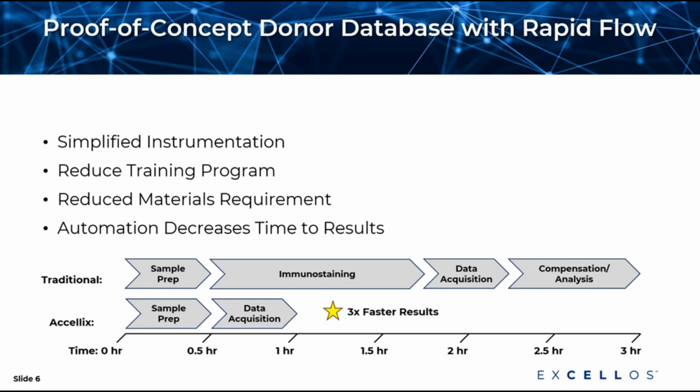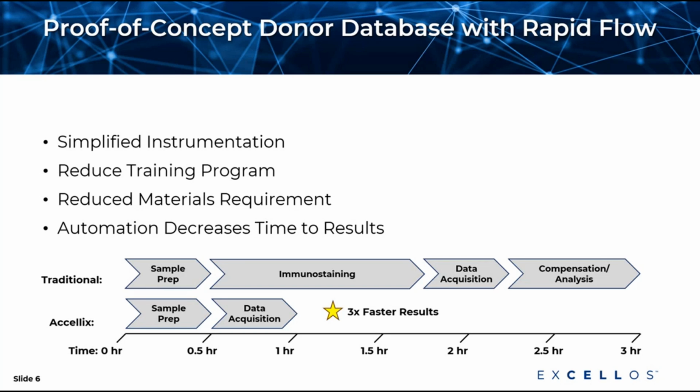And lastly, that time to results is something that's really important to understand here. With traditional flow, performing all of the immunostaining, performing the data acquisition, and ultimately doing any type of compensation analysis offline on the different software provided does take about 3 hours, we imagine, in a controlled workflow with a trained operator or analyst.